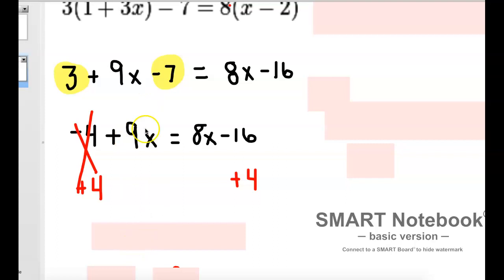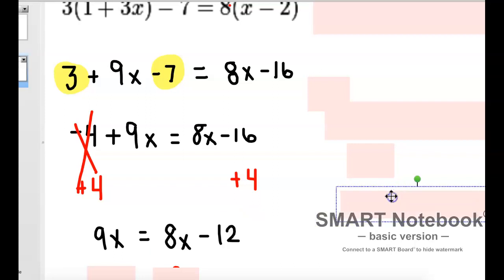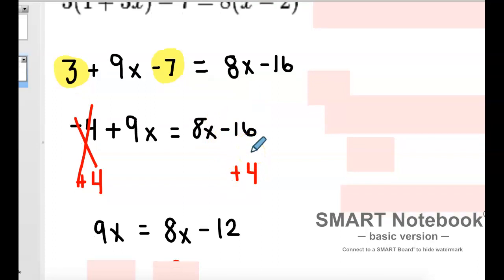And now on the left-hand side of the equation, we're left with 9x. That 9x is going to be equal to 8x minus 12. We got the minus 12 by doing negative 16 plus 4. So remember, when you're adding that 4 to both sides of the equation, you're adding it to the constant. You have to add it to its like term.